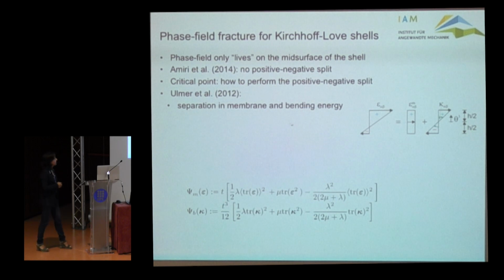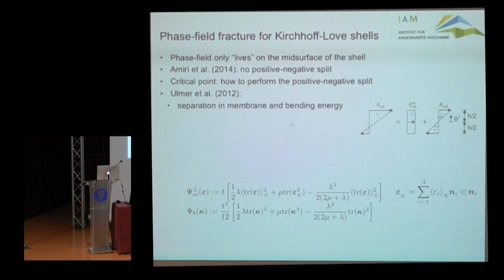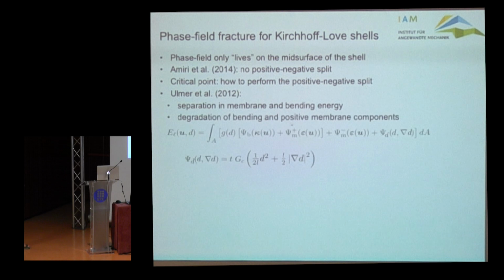Now what the first proposal had been was the following. There had been a split of the membrane term into positive and negative parts based on the spectral decomposition of the strain tensor proposed by Professor Cimne. And then basically the degradation function was multiplied by the positive part of the membrane energy and by the entire bending energy.